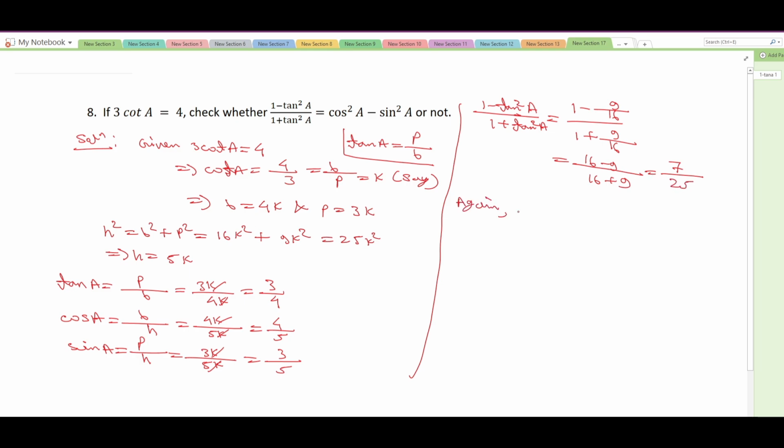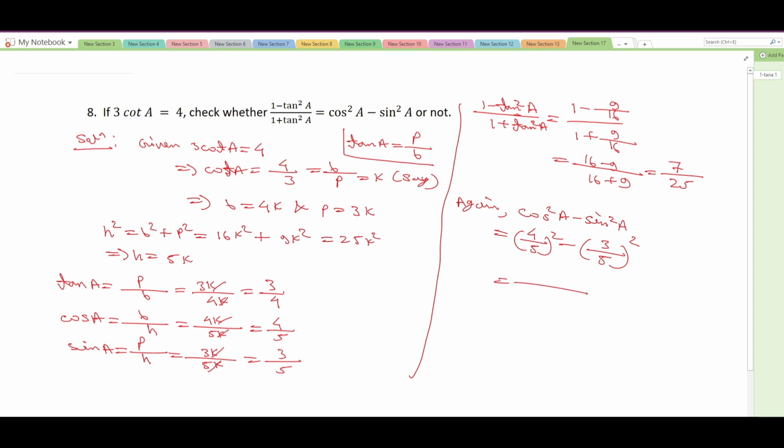Again, cos square A minus sin square A equals, since cos A equals 4 by 5, cos square equals (4 by 5) square, minus, and sin A equals 3 by 5, so sin square equals (3 by 5) square.